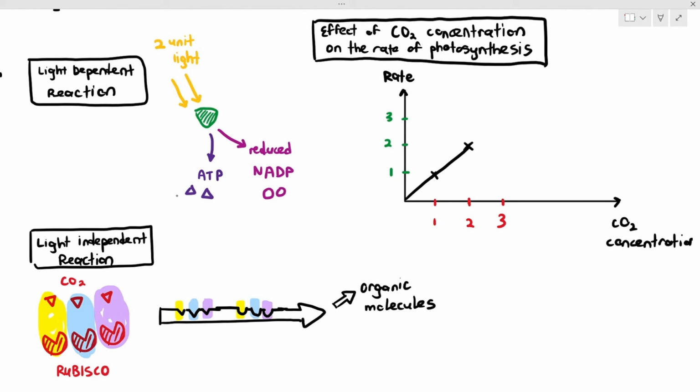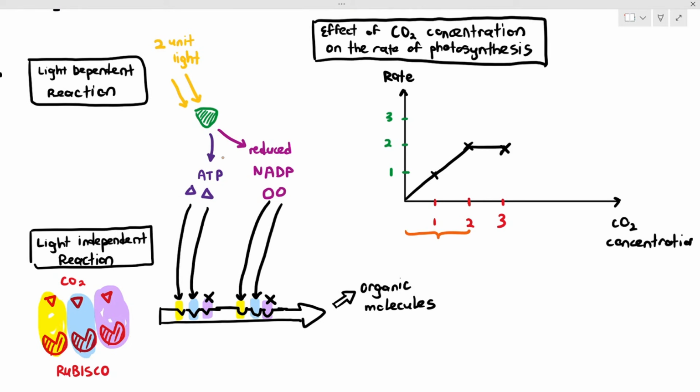Okay, why though? Because I only have 2 triangles of ATP and 2 triangles of reduced NADP. The third slot for the purple one, for the extra ATP, there are no ATP or reduced NADPs over there. So in this case, the rate of reaction remains constant at 2. So from 1 to 2 carbon dioxide concentration, the carbon dioxide concentration is the limiting factor.